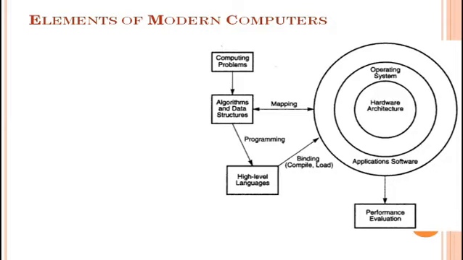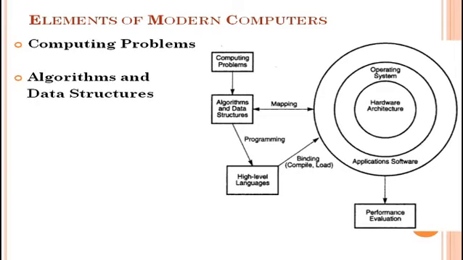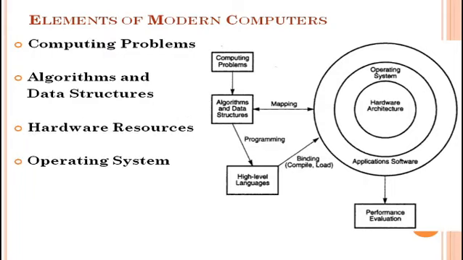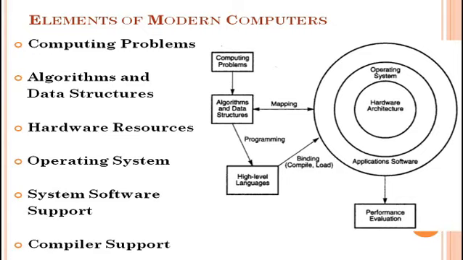Now what are the elements of modern computers? The elements of modern computers are computing problems, algorithms and data structures, hardware resources, operating system, system software support and compiler support.